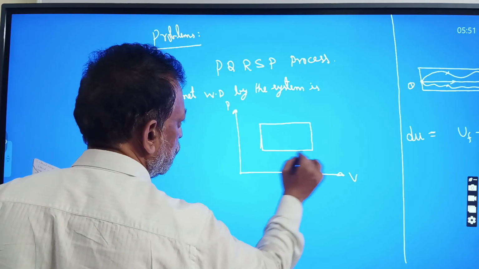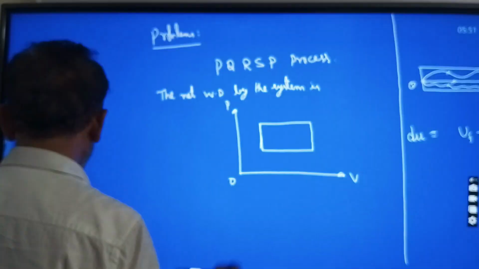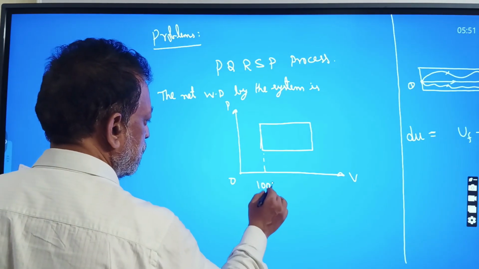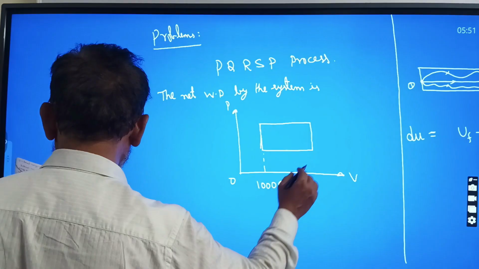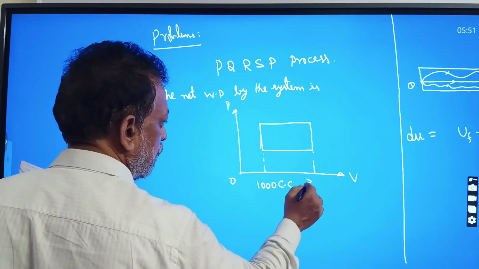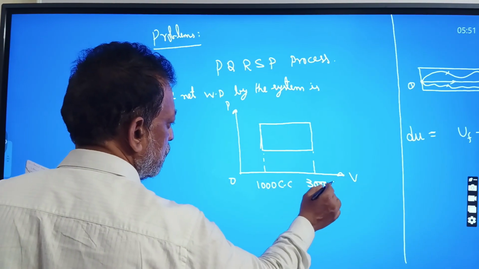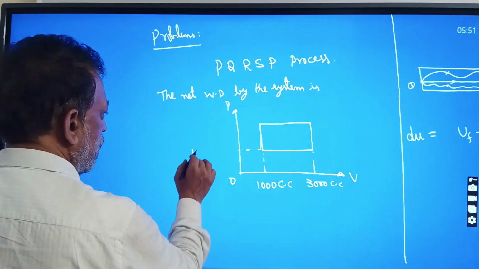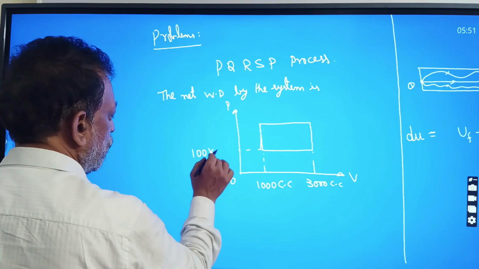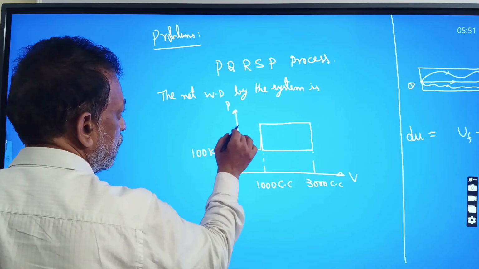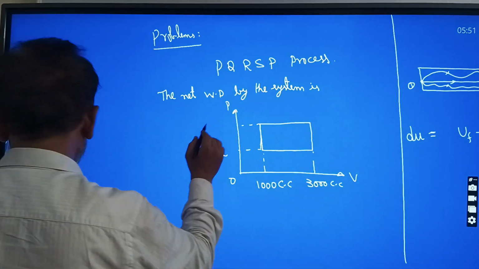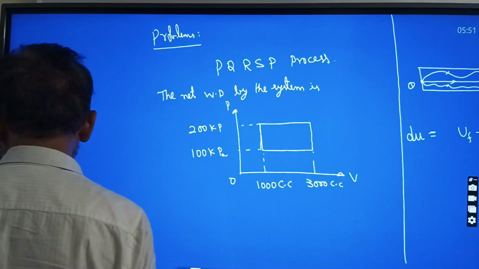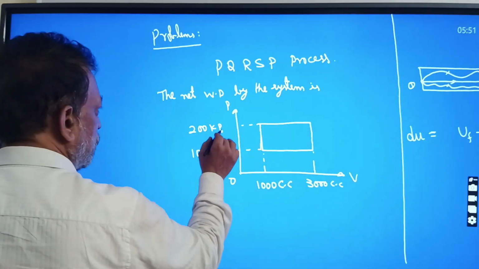Here 1000 cc, where cc stands for cubic centimeter, and 3000 cc, and pressures of 100 kilopascal and 200 kilopascal.